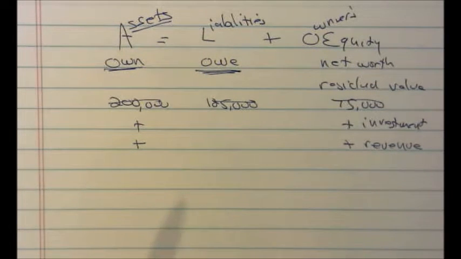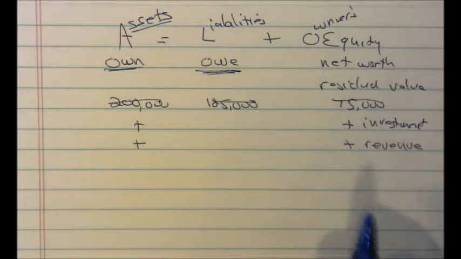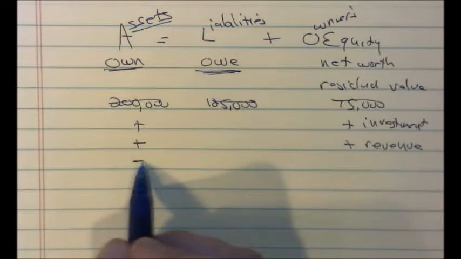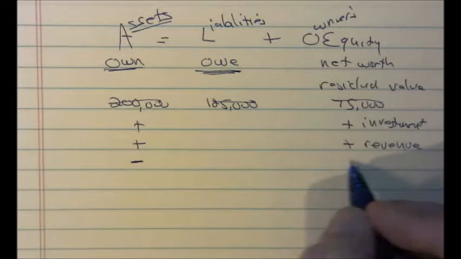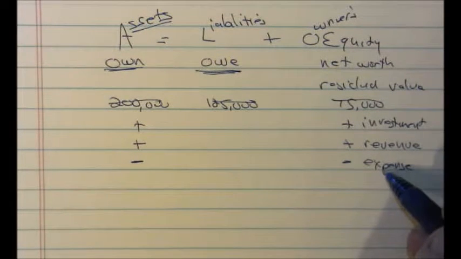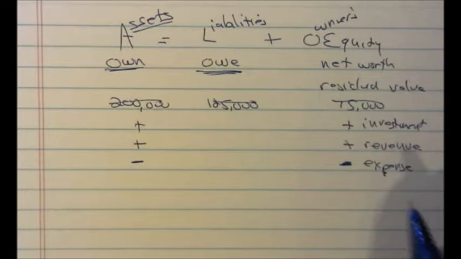Now, that doesn't come free, right? Because I have to pay things. I have to pay my electricity bill, right? So I pay my electricity bill. What happens to my assets? Well, my assets do what? They go down. And what is that electricity to me? That is an expense, right? So what happens to the value of my business when I pay expenses? Down it goes, right?